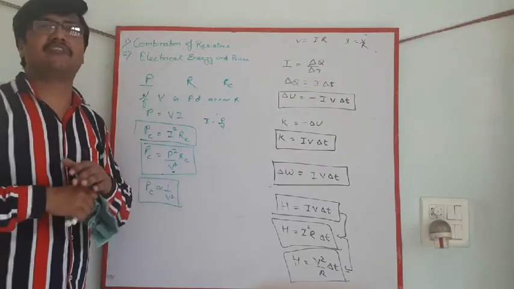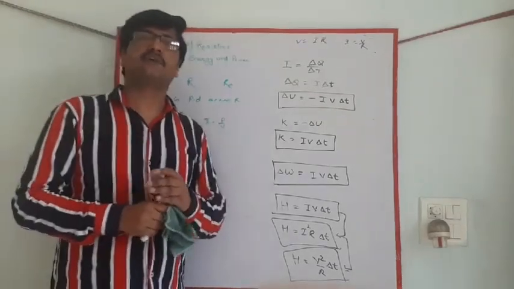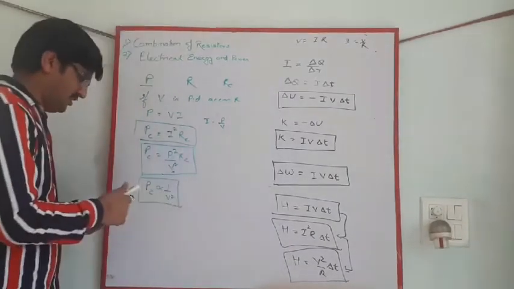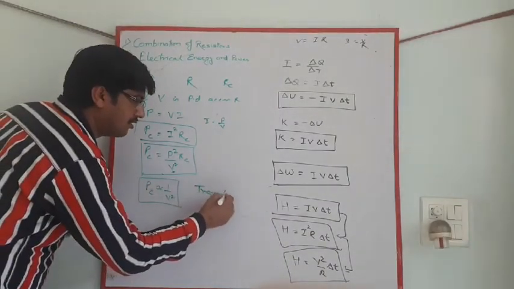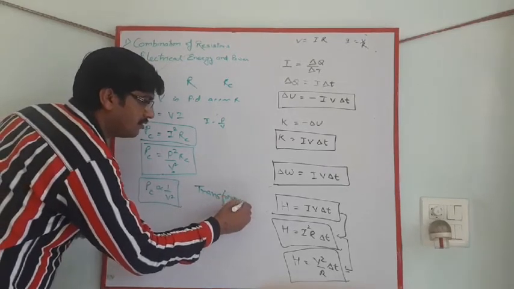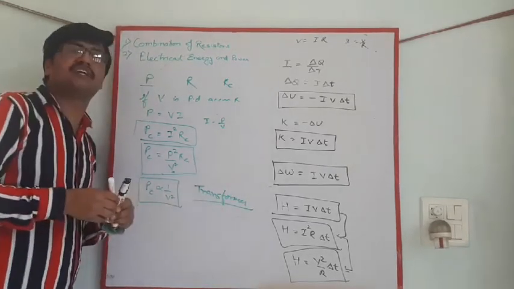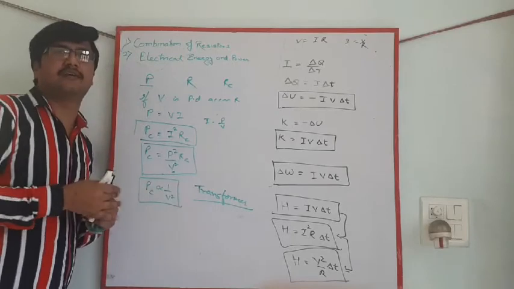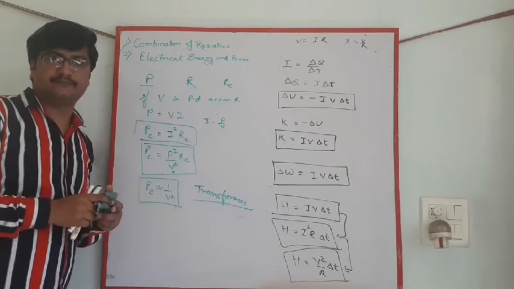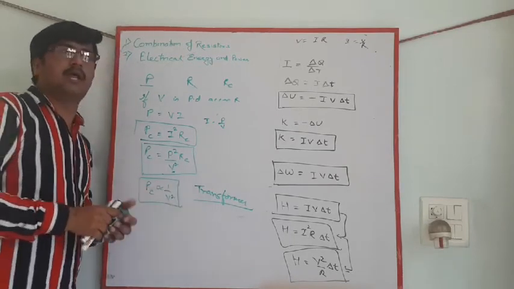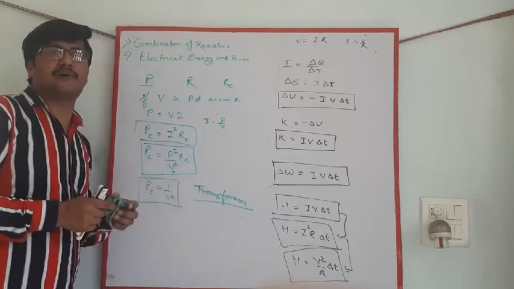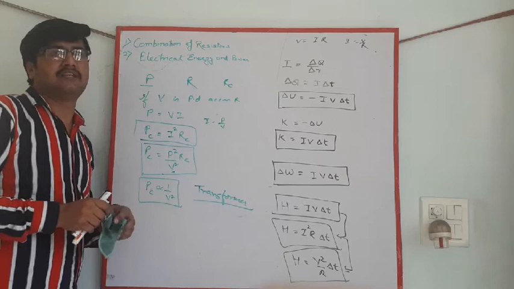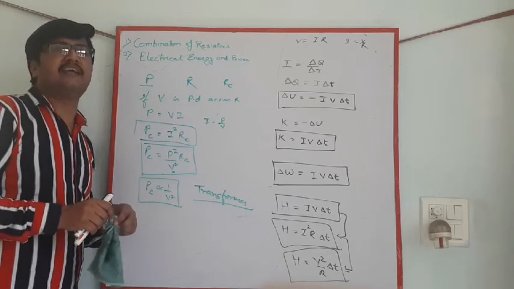This is done with the help of the device transformer. You must all have heard the name transformer, a device which is used to increase the voltage or decrease the current or vice versa. In chapter 7 we will discuss the transformer also, in electromagnetic induction and AC.